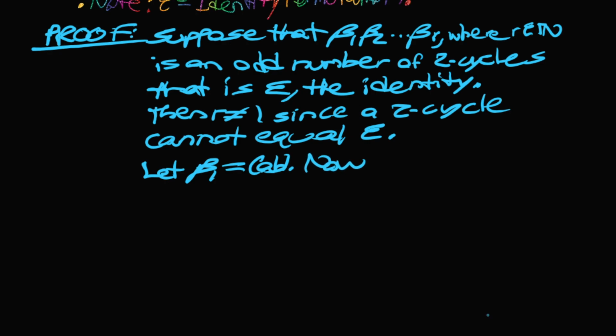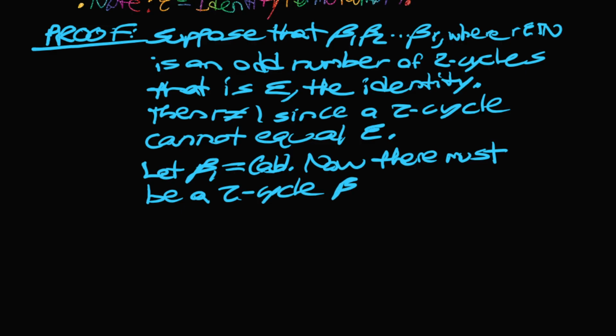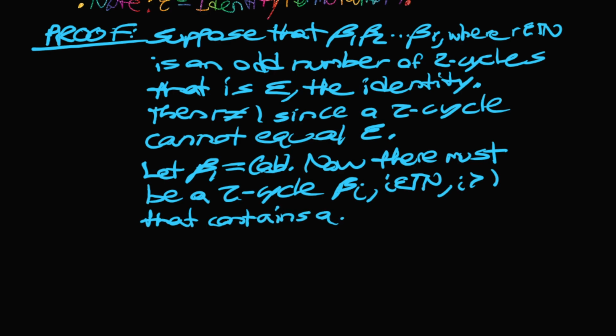So now there must be a 2 cycle beta I, where I is a natural number and I is greater than 1, that contains A.